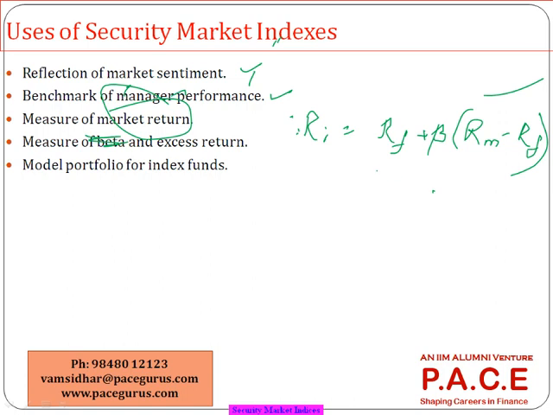So these are some of the advantages, and it acts as the base for index funds, right? When I say an index fund, it will mimic either a Sensex or a Nifty. Or when I say ETF, even ETFs will mimic either a Sensex or a Nifty. So there are so many funds which will take this particular index as a base for the performance of those funds.